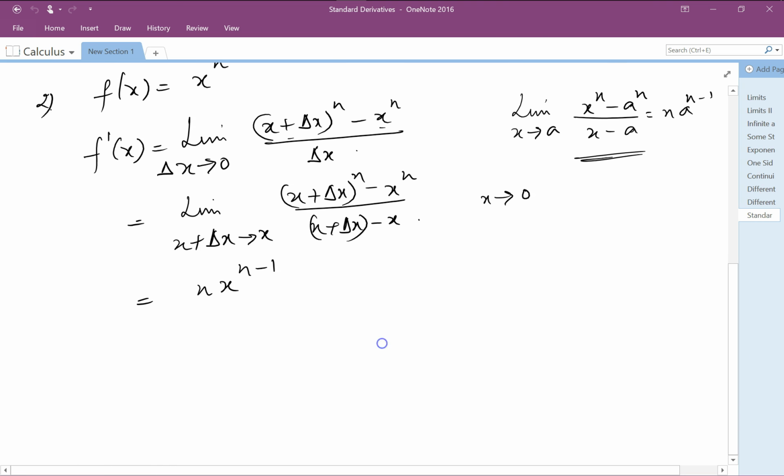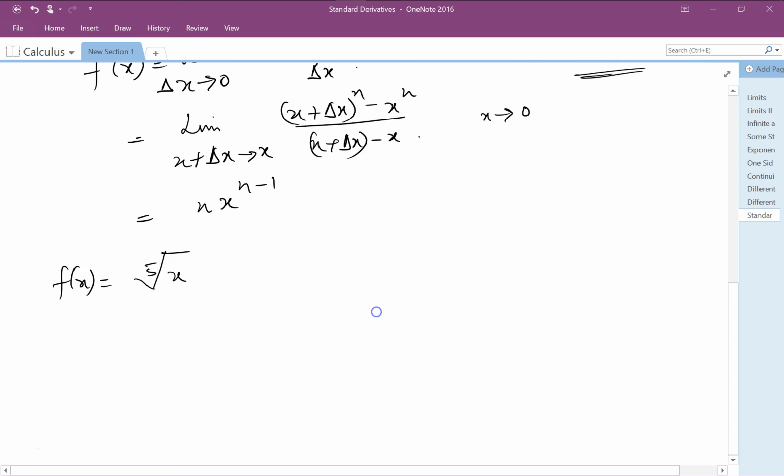Now because of this, finding derivatives of something like the fifth root of x becomes easy. Now fifth root of x can be written as x to the power of 1 by 5. So f prime of x is equal to what?